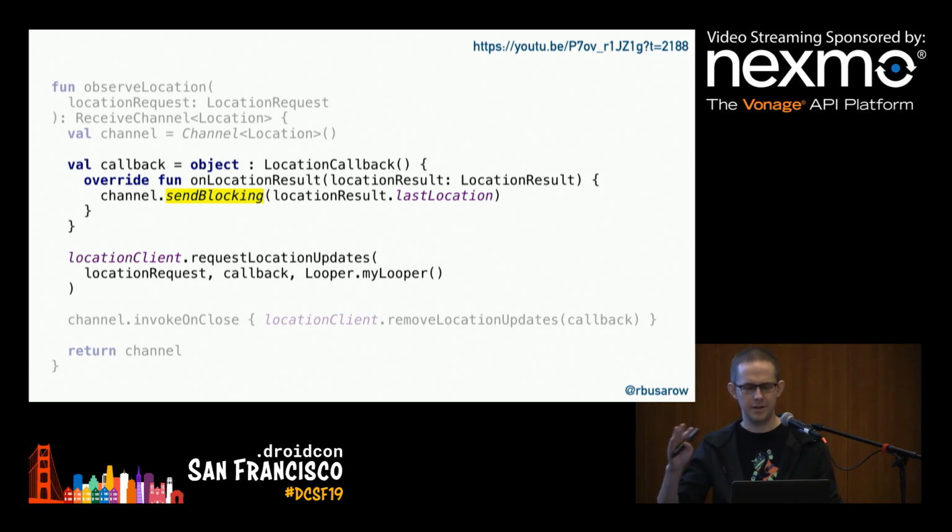So it's basically like a fast path for what we were talking about. You use sendBlocking to send the location updates into the channel. And since the channel is capable of handling all those concurrency concerns, if the location updates come faster than the receiver is actually able to process them, it will be handled here.